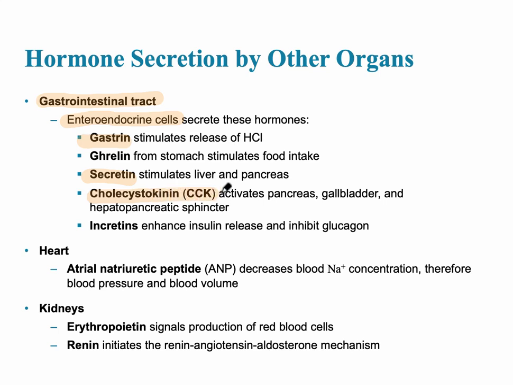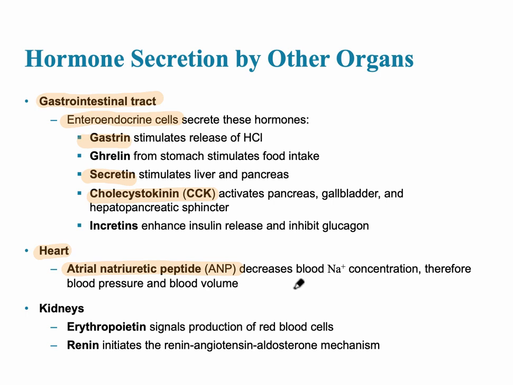CCK stands for cholecystokinin. It activates the pancreas, the gallbladder, and the hepatopancreatic sphincter. And these two are going to be released based on the types of chemicals that are in the small intestine at the time.